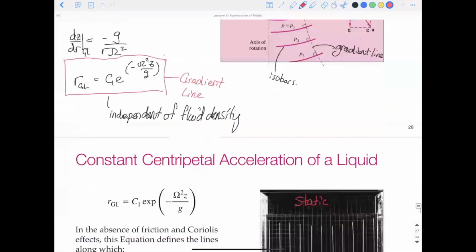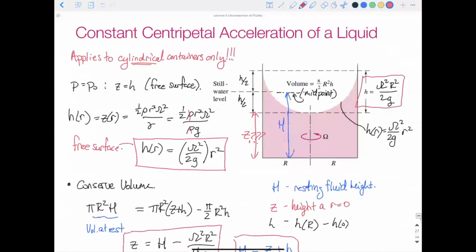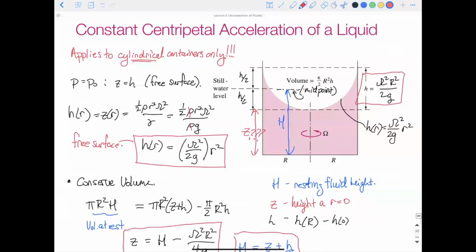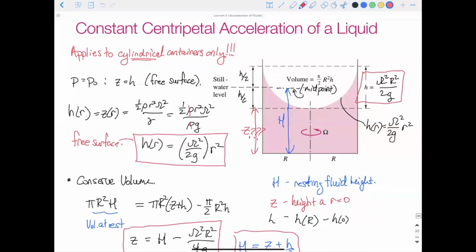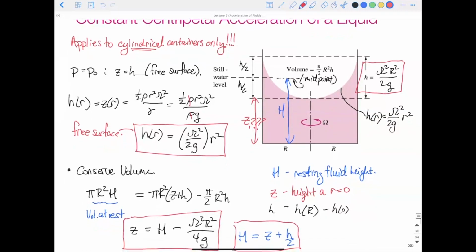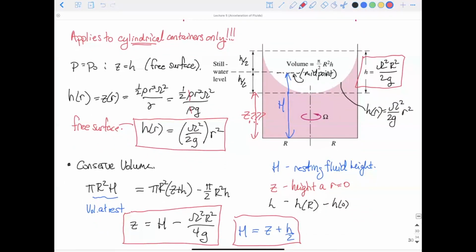And then if we go back down here, if we have an accelerating fluid in a cylinder, or fluid rotating in a cylinder, then we know some things about the container. The initial height of the fluid is going to be the midpoint of that parabolic shape, so halfway up that parabola.